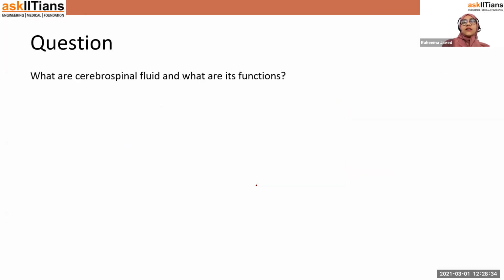So, what is cerebrospinal fluid and what are its functions? So, cerebrospinal fluid, abbreviated as CSF, is a fluid which is present in the cavities of the brain and spinal cord.